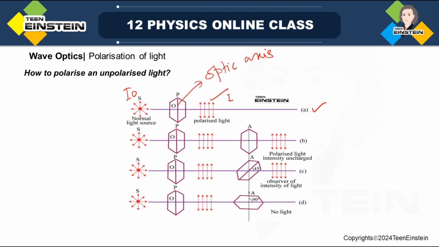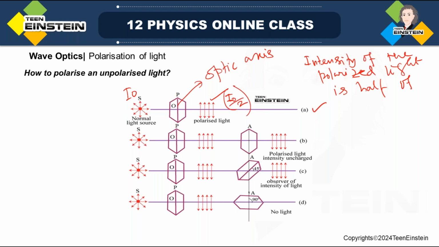Only those electric field vectors oscillating in a plane are there. So the intensity of the plane polarized light will be half of the unpolarized light.